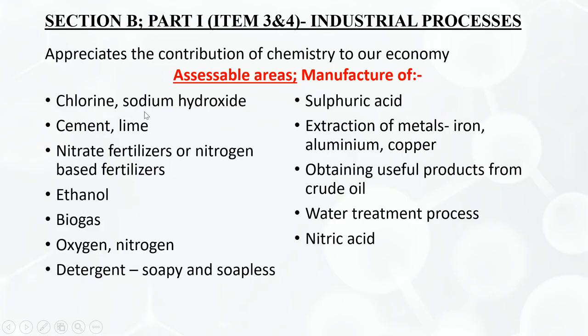Let me talk about a few of them, but I believe we can list them faster. So we have chlorine and sodium hydroxide, cement and lime, and nitrate fertilizers. Please, this question normally comes when they want us to manufacture nitrogen-based fertilizers.